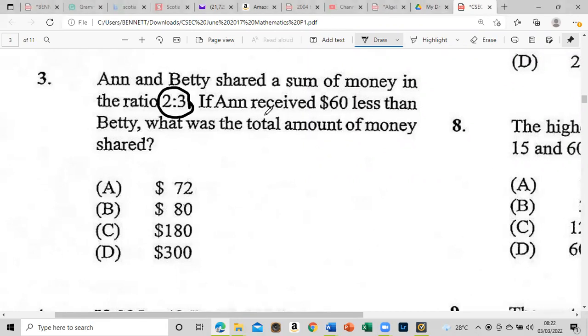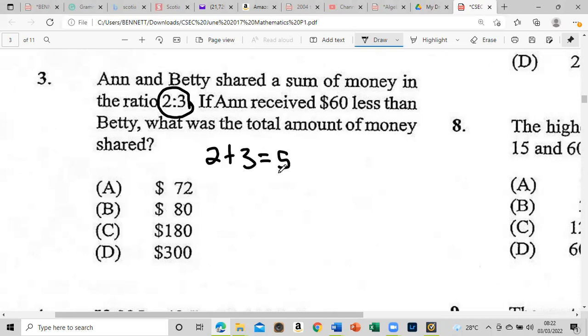We add both ratios, so that's 2 plus 3, 5. So we know that one share would have to equal 60.